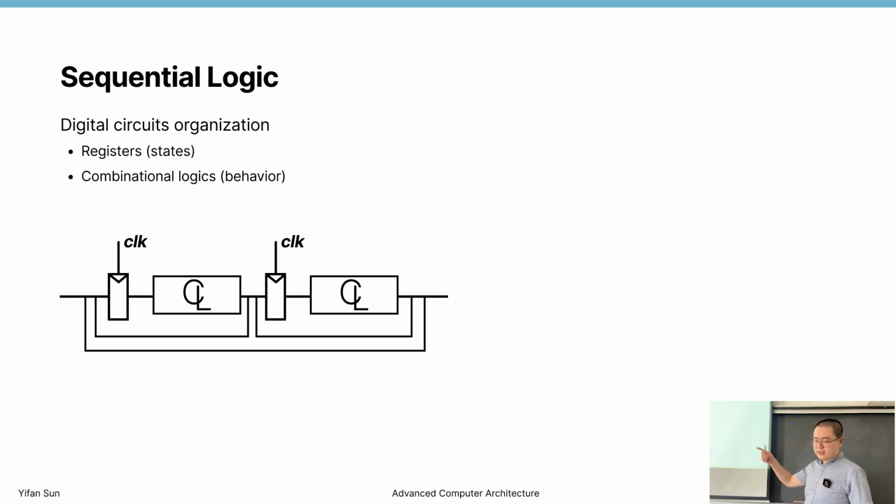Sequential logic is basically a way of digital circuit organization that includes registers and combinational logic, especially when we consider synchronized sequential logic. That means there's a clock signal that is controlling everything, and all the state update. State means the data that is stored in the register. All the register state update happens at the edge of a clock, either rising edge or falling edge.